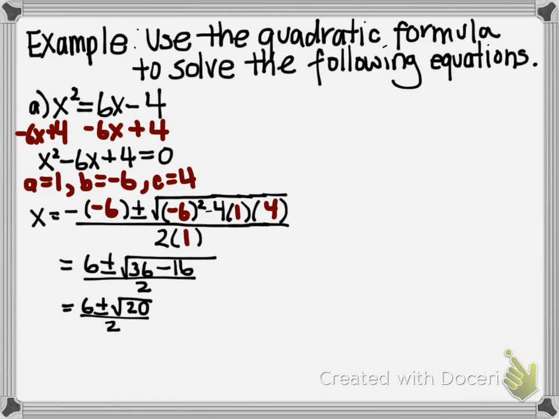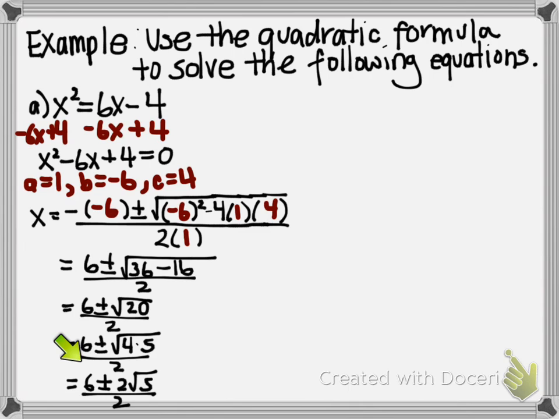Again, we know from the previous section that 20 has a perfect square factor, so it becomes 6 plus or minus 2 square root of 5. At this point, make sure the whole fraction is simplified. You have to make sure the first term, the second term, and the one on the bottom all have a common factor in order to reduce it.